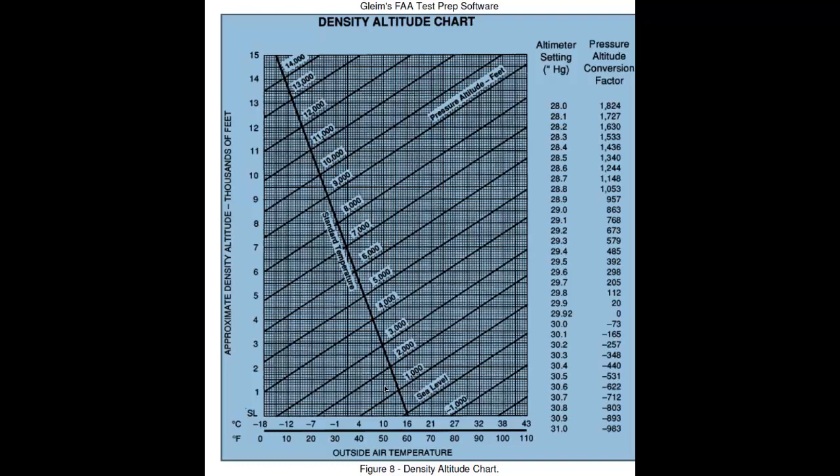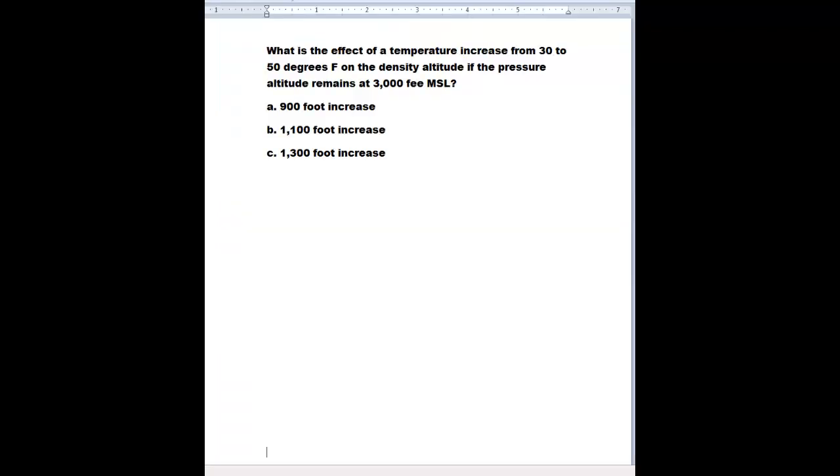We run that up again to 3,000 feet, and then run over to the left to our density altitude of approximately 2,950 feet. So if we take 2,950 and we subtract 1,650, we come up with 900 feet.